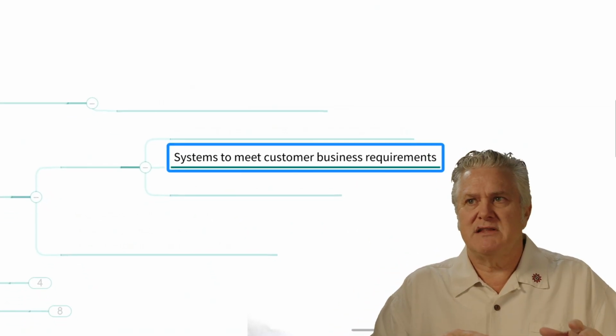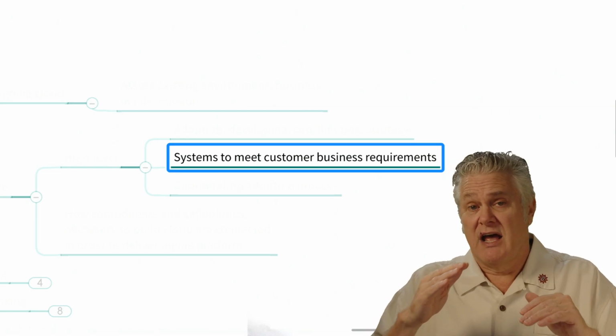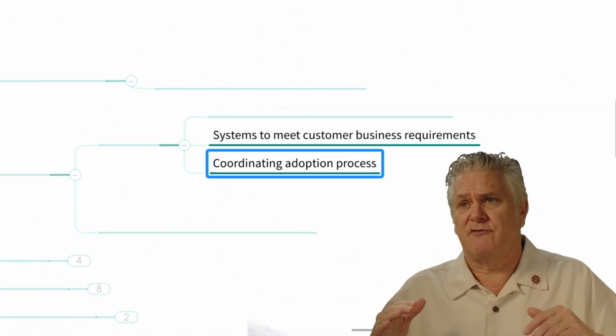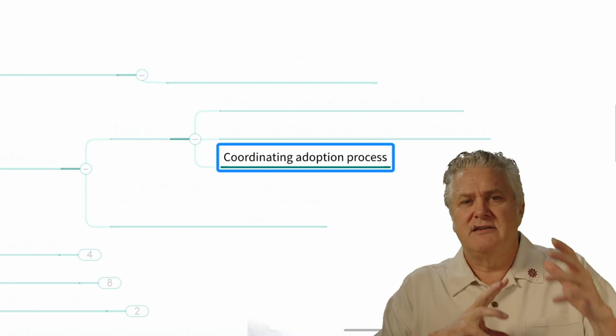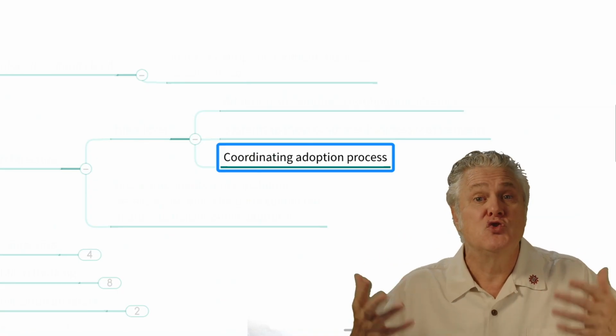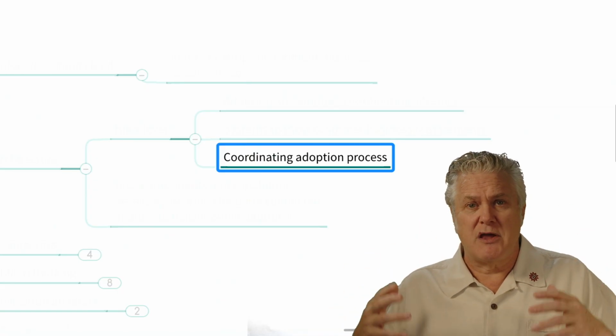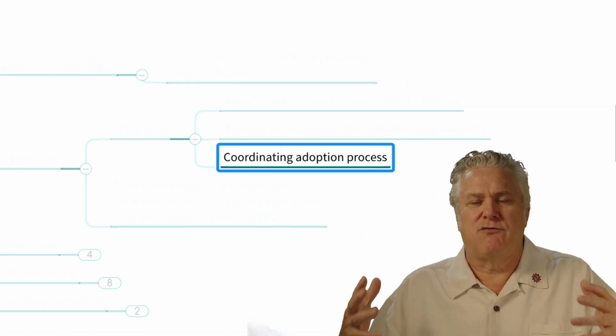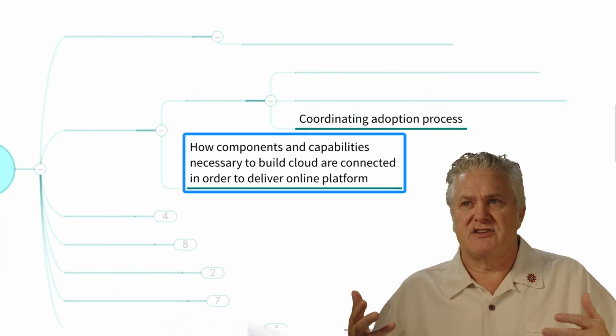And that system's got to meet the customer business needs and requirements, and those requirements go on into the future. And then how do we adopt them and how do we coordinate the new material that's coming in?